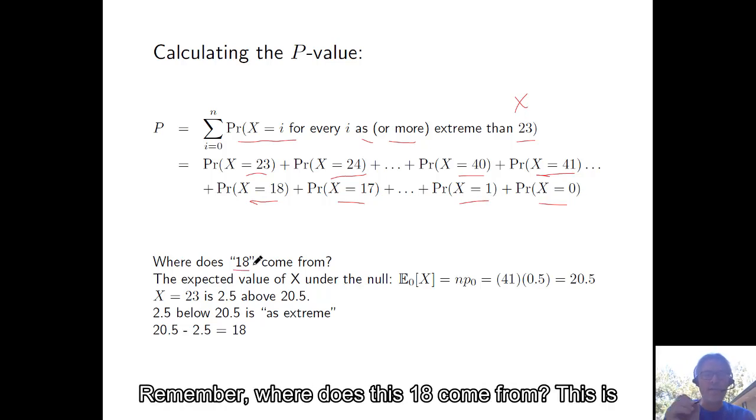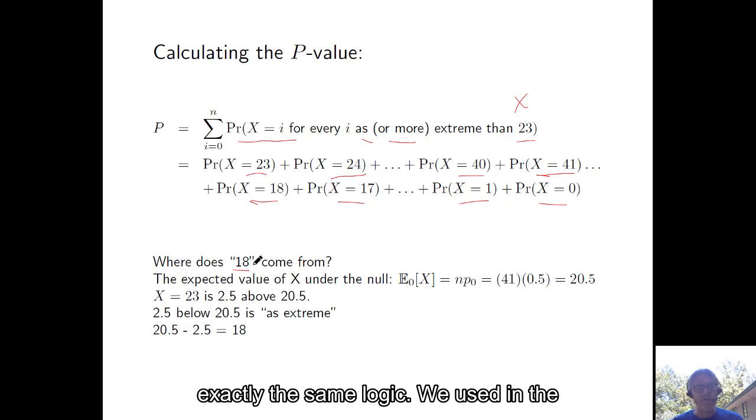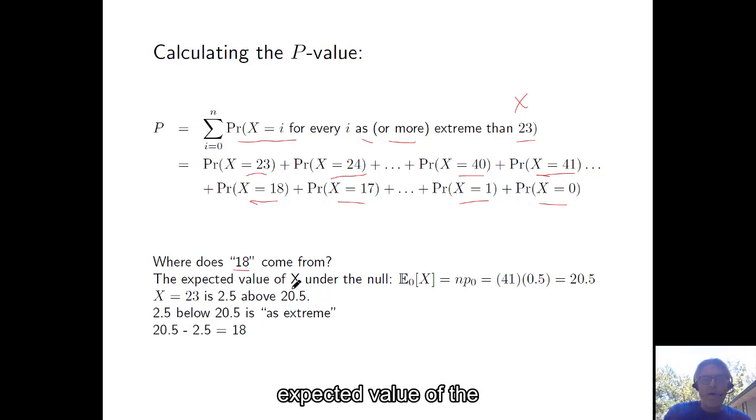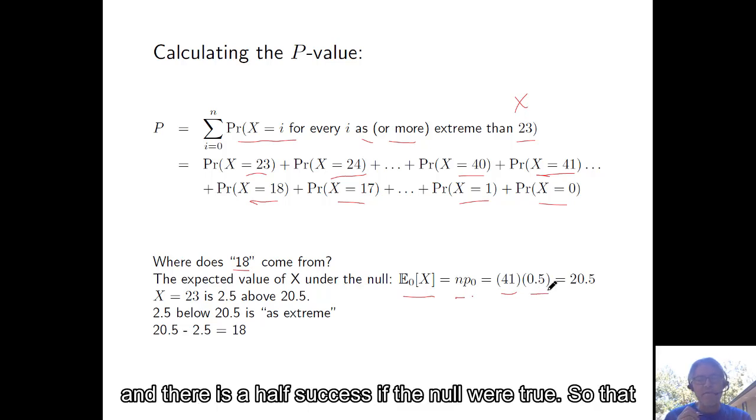Remember, where does this 18 come from? This is exactly the same logic we used in the wrestling example in the previous video. The expected value of the matches under the null hypothesis, the expectation for null, is the trial size times the probability of a success given the null. So that's n equals 41, and there is a half success if the null were true.